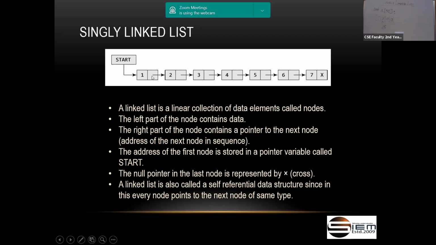Because a pointer only stores an address. I told you that there are a few concepts you have to brush up. I wrote in the group that computer science students need to brush up a few concepts like structure, pointer, and dynamic memory allocation. So please go through these chapters.